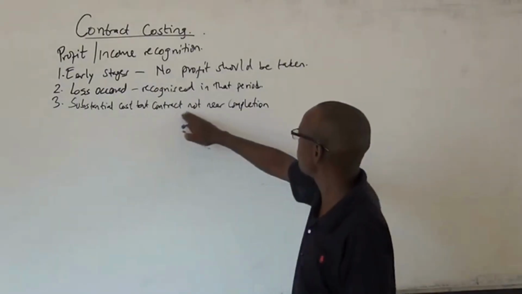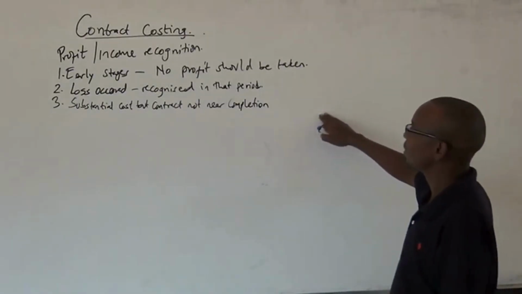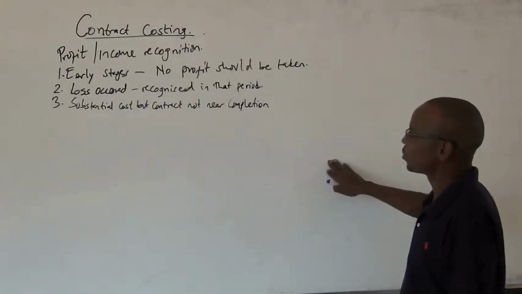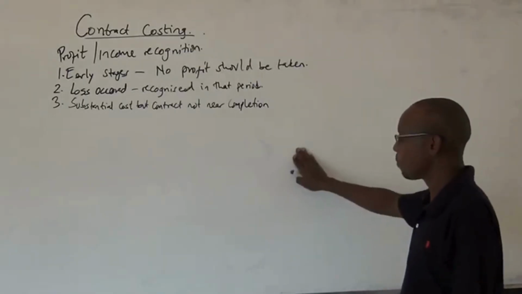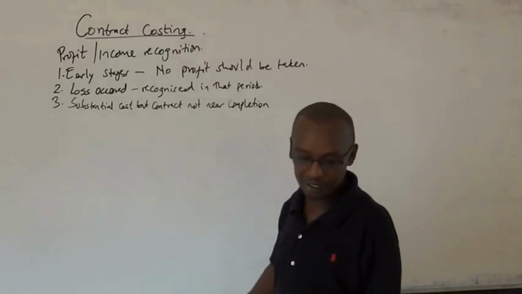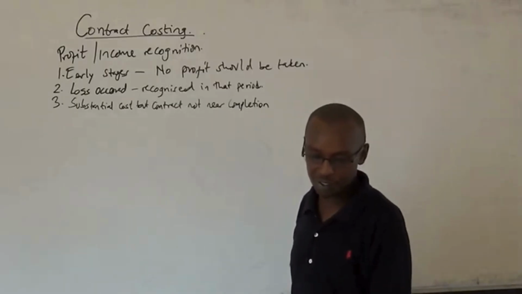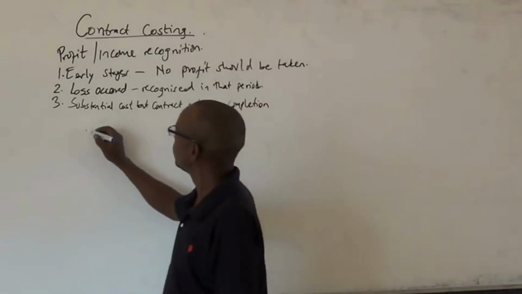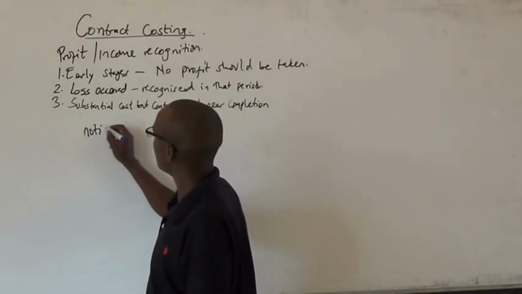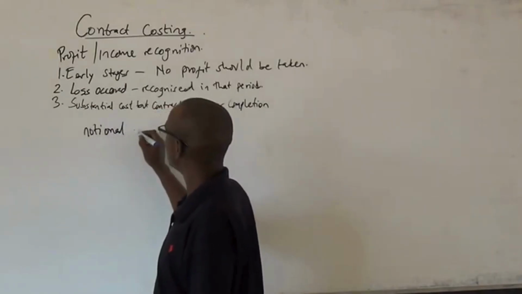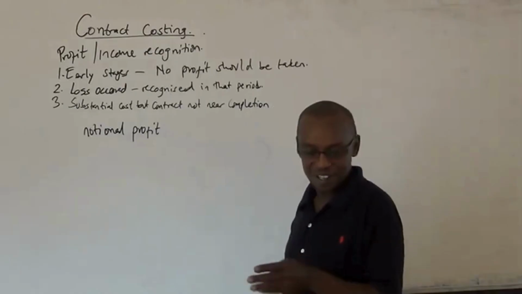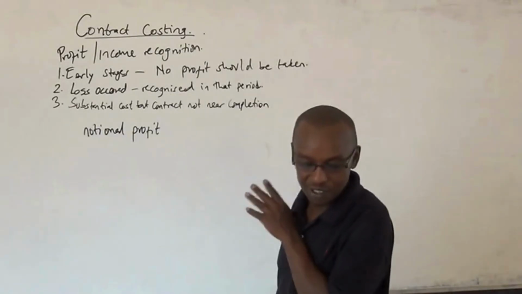So when you have substantial costs, but the contract is not near completion, and you want to take the notional profit, you apportion it using this formula.